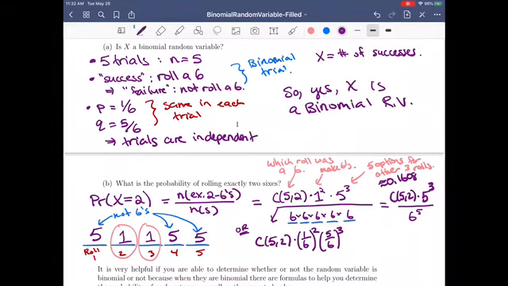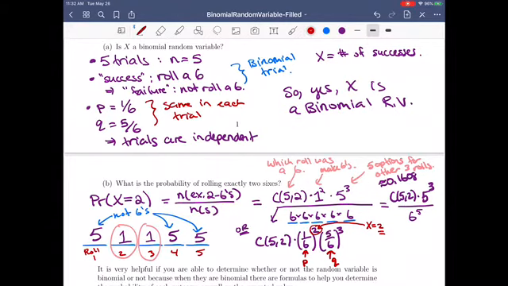Now you might notice that 1/6 is actually p, and 5/6 is actually q. And the p happens 2 times. That's what we're looking for: X equals 2. We wanted the probability that we get 2 successes.